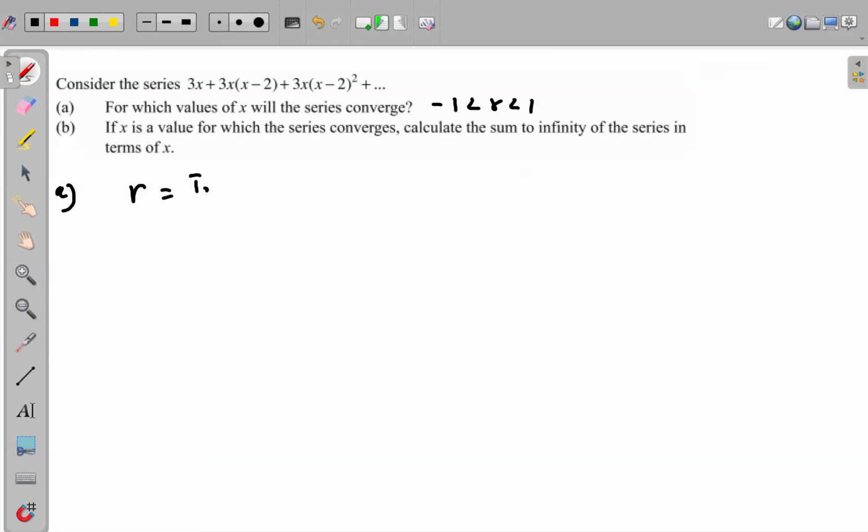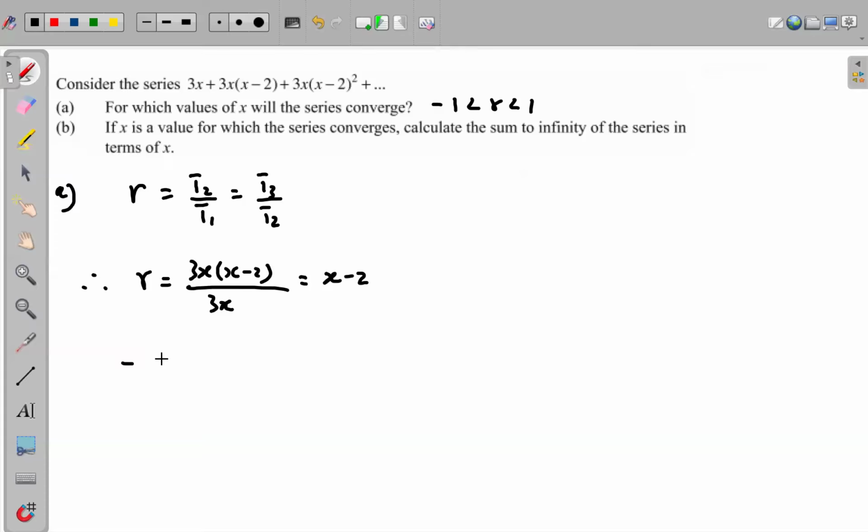Remember, by definition, the ratio will be T2 divided by T1. And if you don't like doing T2 divided by T1, you can do T3 divided by T2. But the bottom line is that this ratio will be 3x into x minus 2, and we divide this by 3x. Surely, we're going to be left with x minus 2.